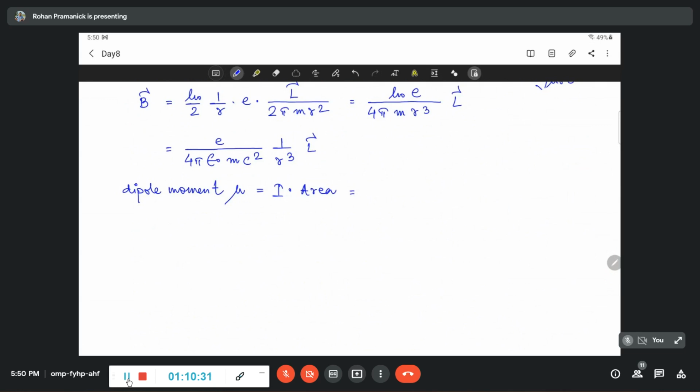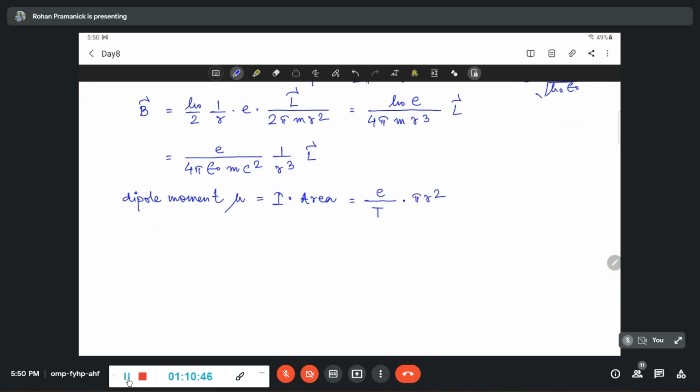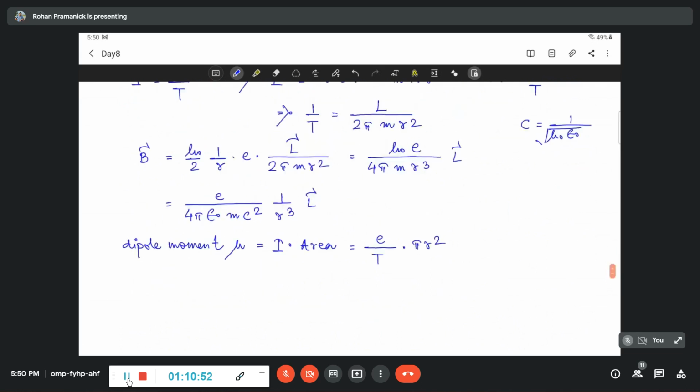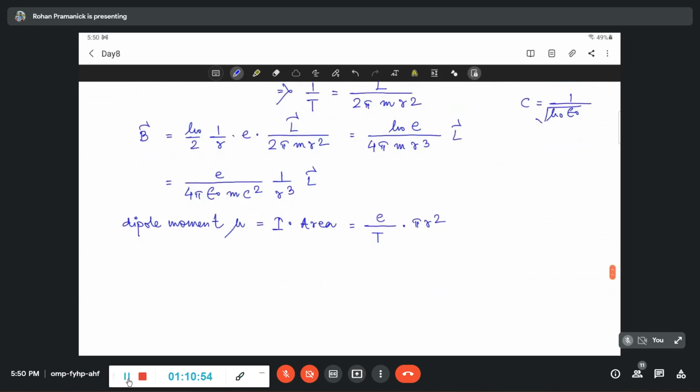I is q by T. Q is nothing but e by T, and area is nothing but pi r squared, right? And we have expressed this pi r squared over here.